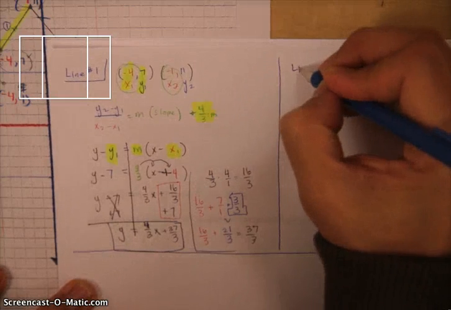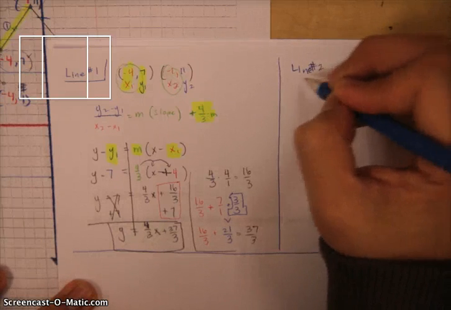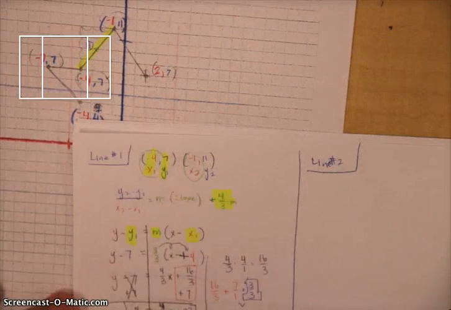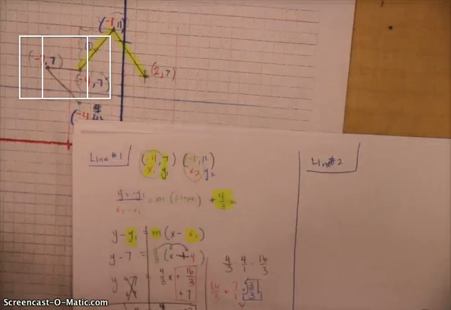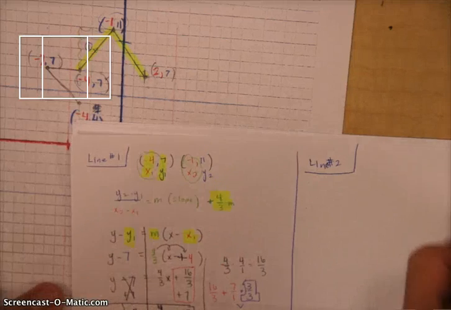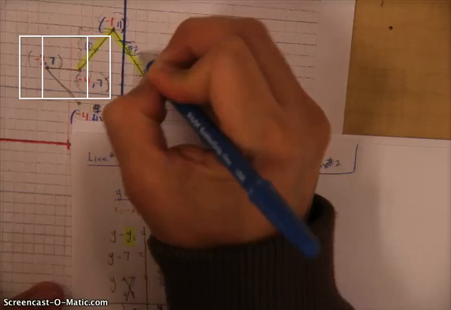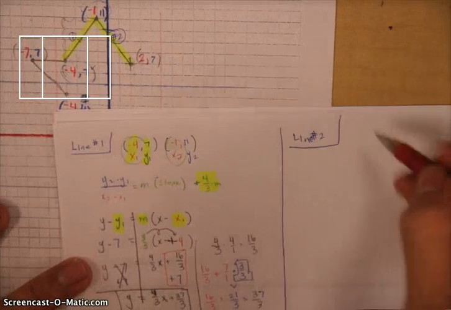Line number 2. Now in my graph, let's pick another line to continue. Let's do this line, and I'll call that number 2. Again, I'm going to gather the same pieces of information.